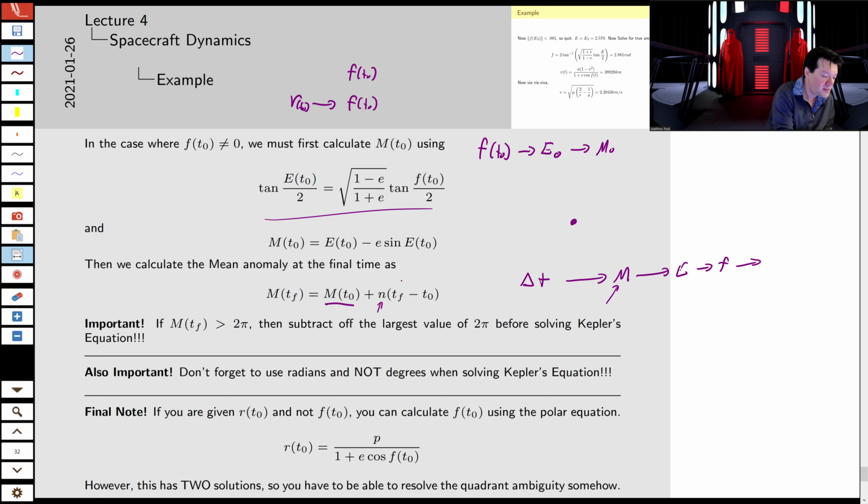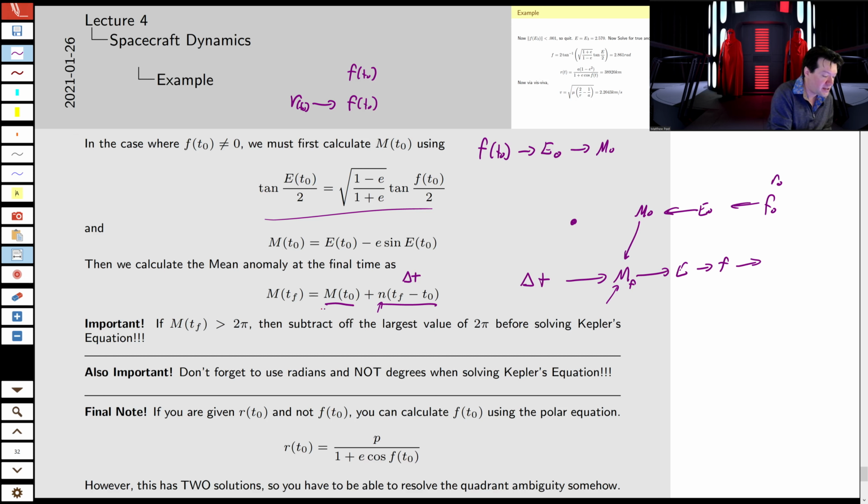So we had an initial true anomaly, for example, or initial radius, and we had to go back to E naught, M naught. And then we add M naught to this delta t, and we use it to find the actual mean anomaly of the system.